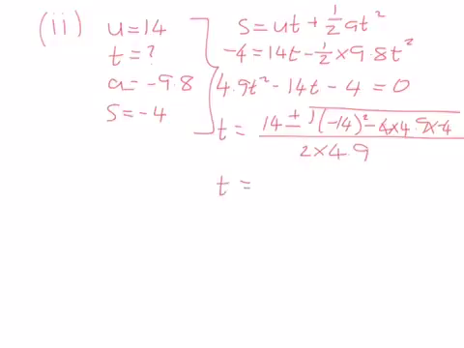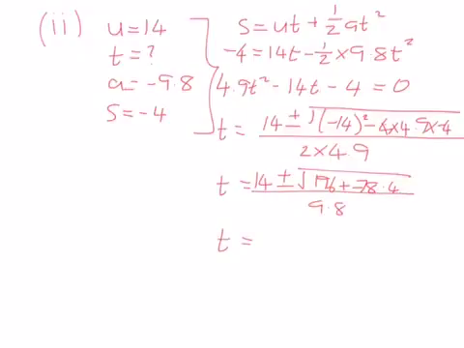If we put that into our calculator, we come out with 14 plus or minus the square root of 196 plus 78.4, over 9.8. We're only interested in the positive answer, which will be 3.12 seconds, again to three significant figures, which is exactly the same as we found using the other method.